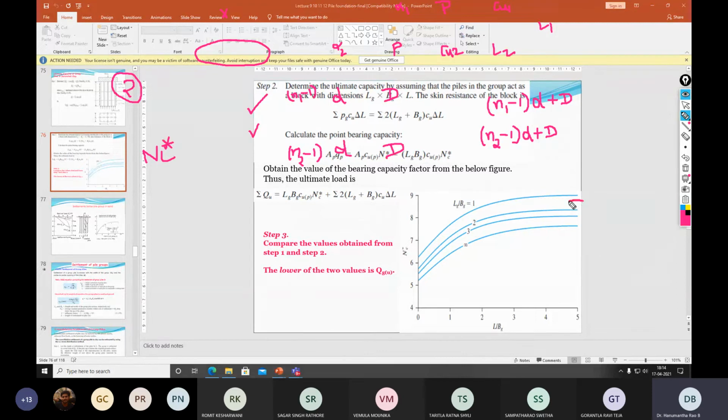It is becoming saturated, so 8.5. I think this is a square pile. So you will get approximately 8.5. NC star is approximately 8.5 from this graph.